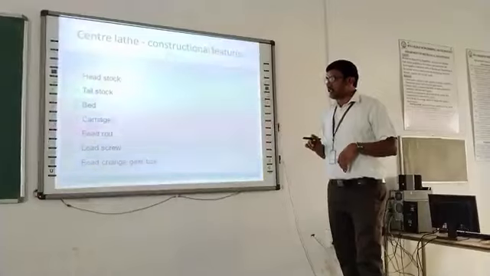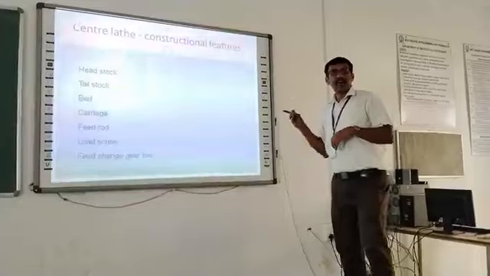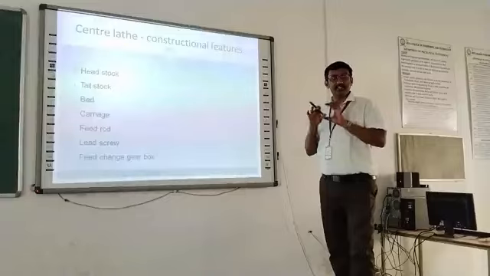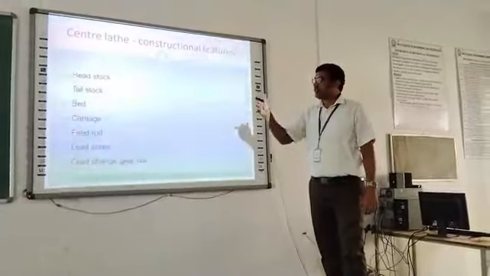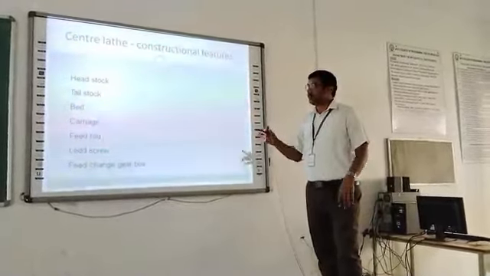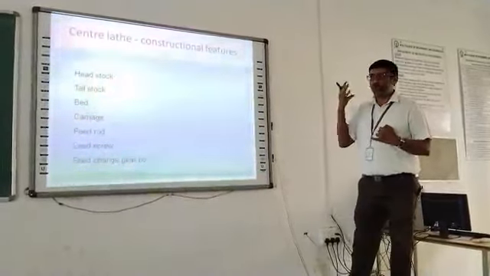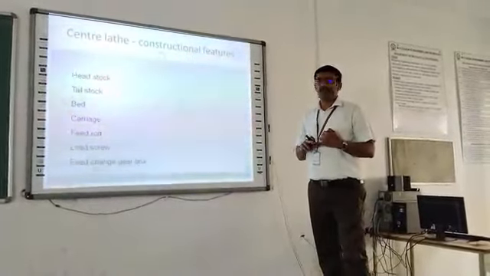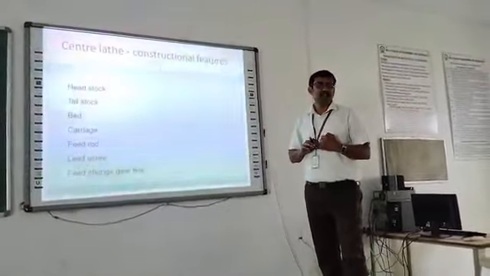Next one is the tailstock. It's opposite to the headstock. It supports the lengthy workpiece, or it can be used for drilling operations. Next one is the bed, which supports the whole lathe, and the carriage, which holds the tool, not the workpiece. The tool post and cross slide are placed on the carriage.